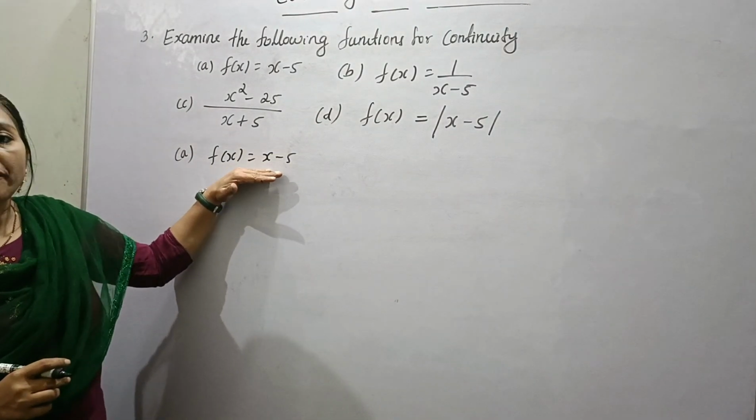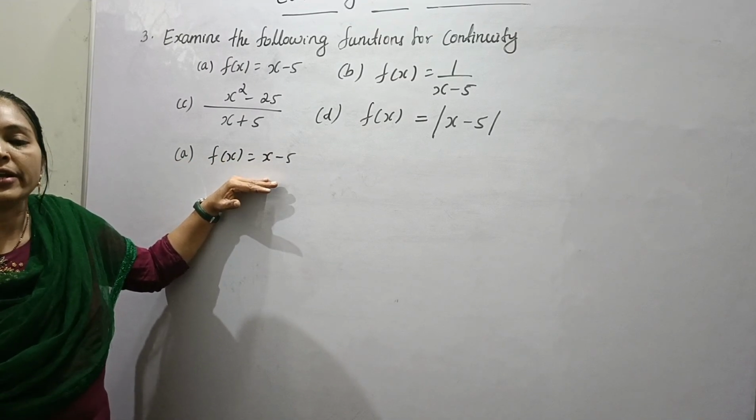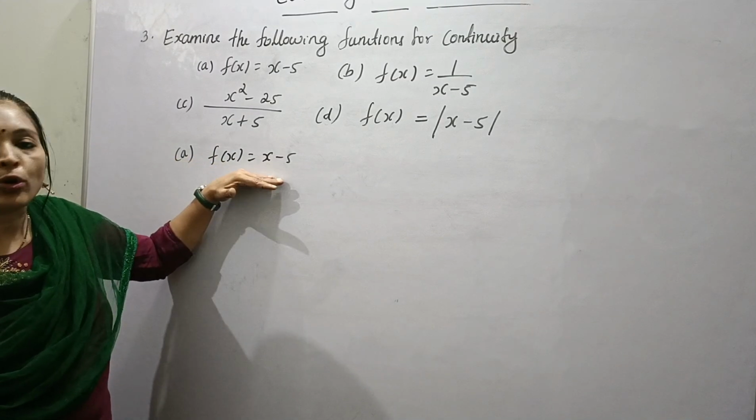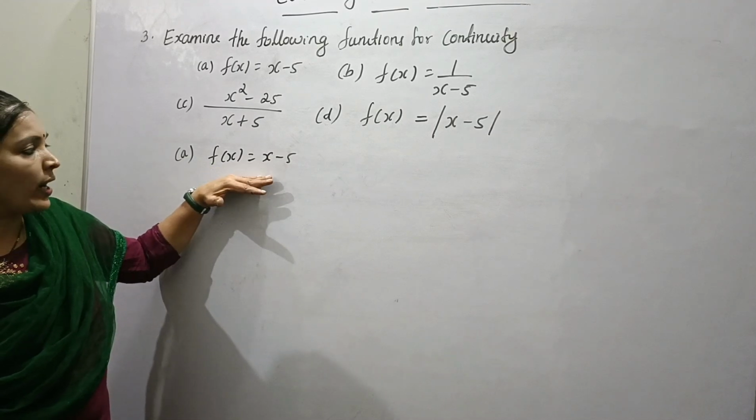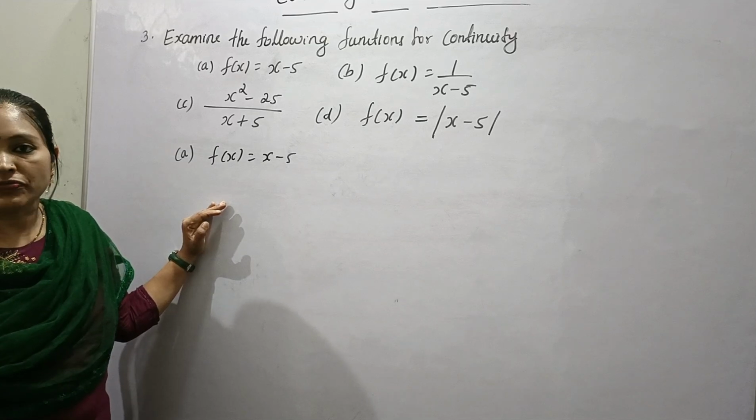We know that f of x is equal to x minus 5 is a polynomial function of degree 1, right? And every polynomial function is a continuous function.